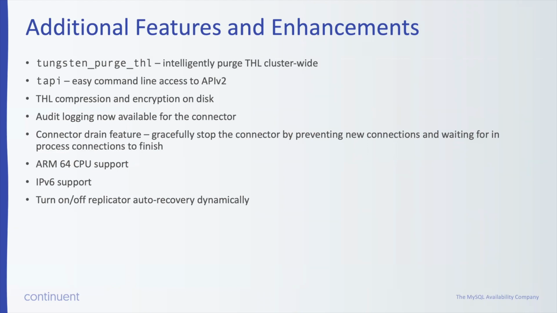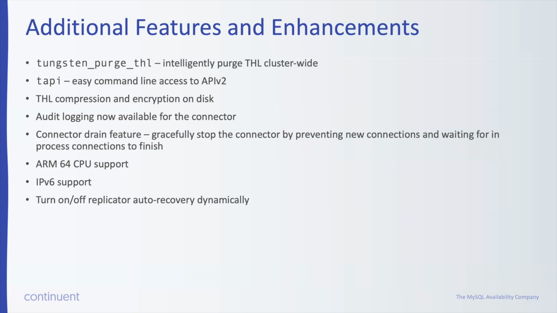Connector drain feature. So like a lot of load balancers, now we can gracefully tell the connector to stop accepting new connections and wait for connections that are already established to finish. And this is how a load balancer would remove an application server from rotation.